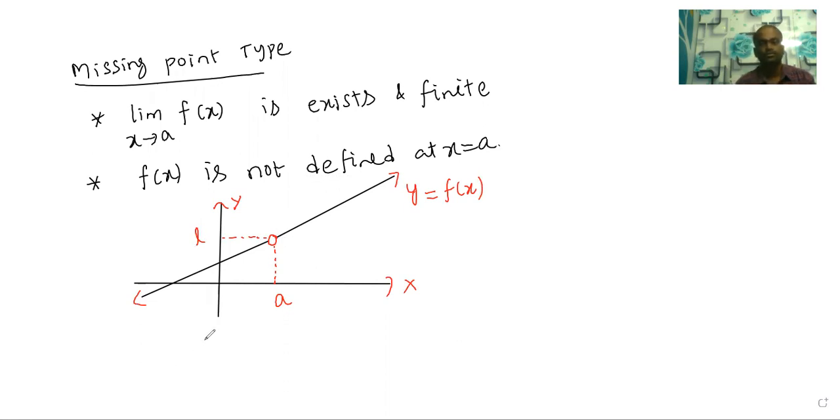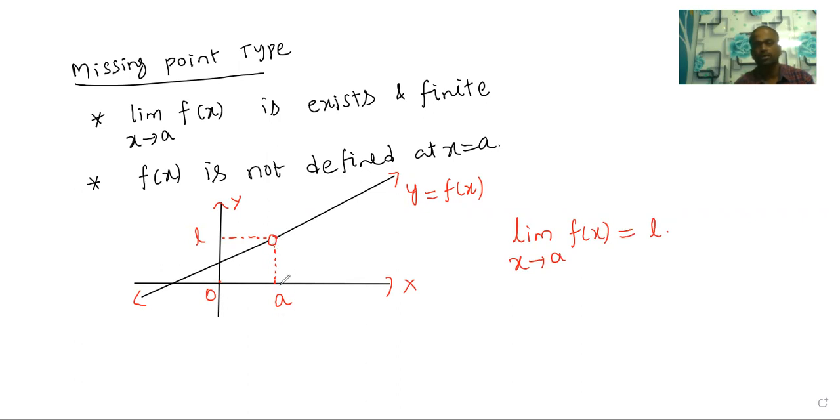As x tends to a from either side, the function values approach L. So from the graph, we can say the limit of the function at a is L. But the graph of the function at a has a hole, and the graph is missing exactly at a.